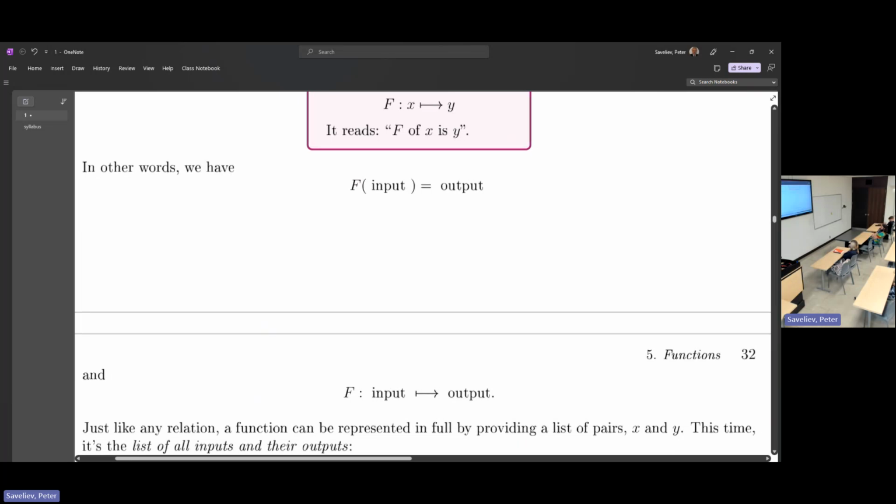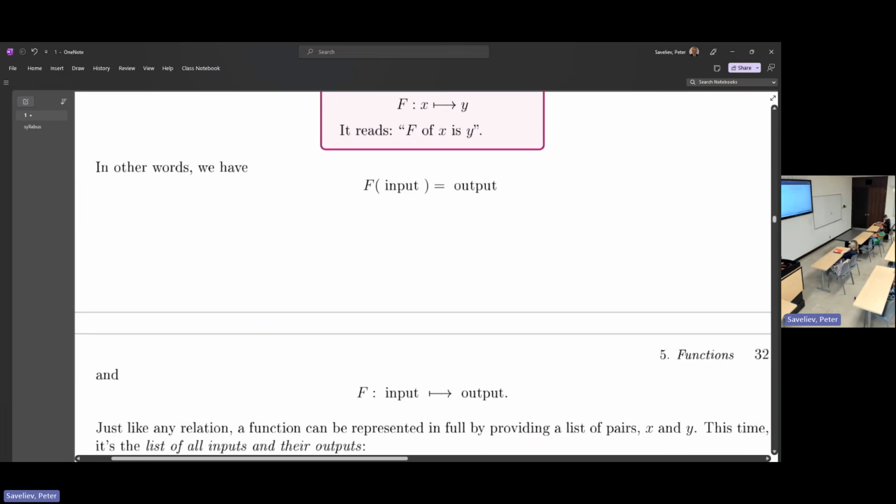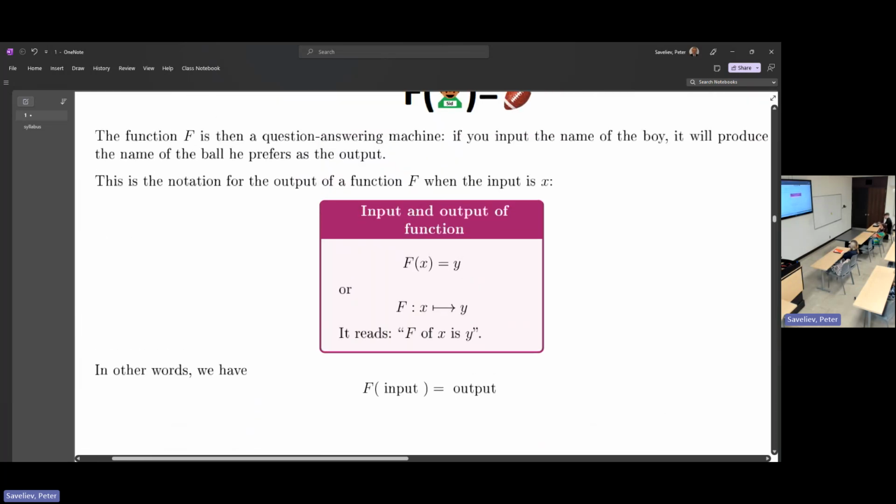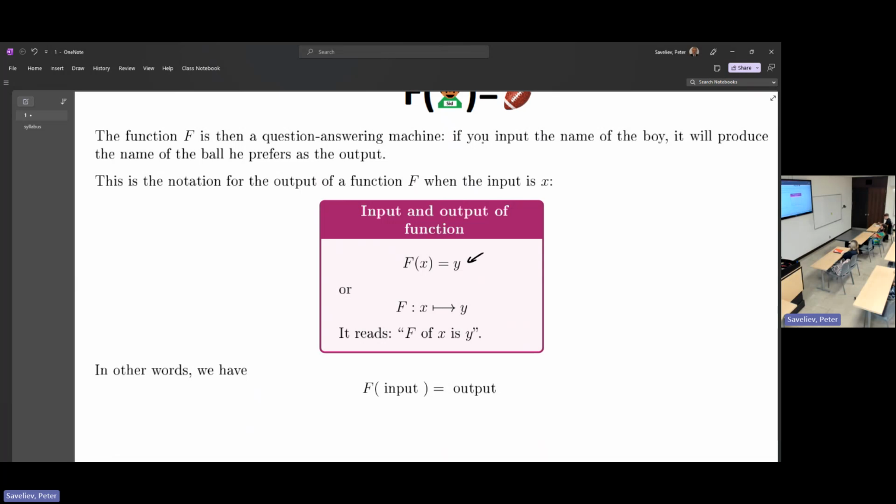You know, sometimes notations are very uncomfortable, and if anything, this is a bit of a complaint, because you have to read it from right to left. F of x, we read it from left to right, but really in the order of things, it is x, f, then y, right? You know the input, then f applies.